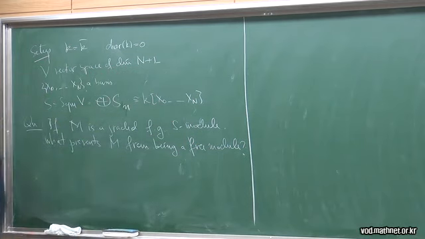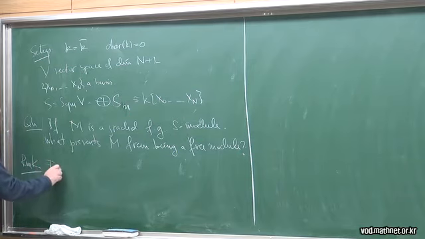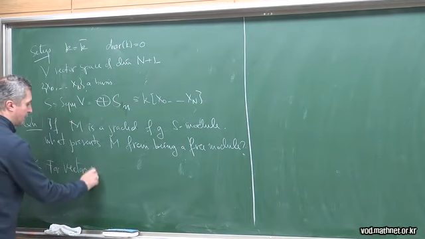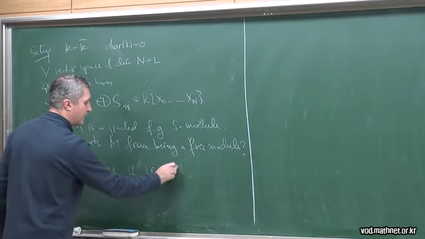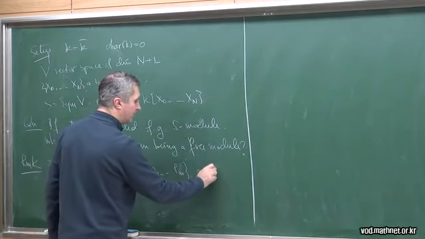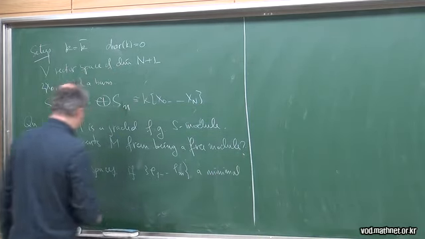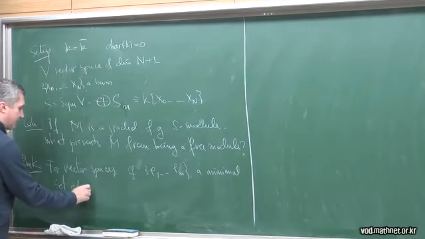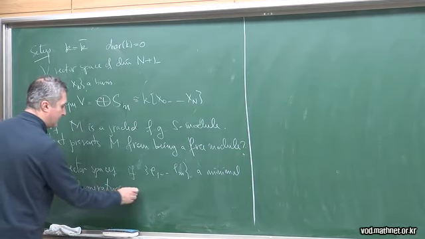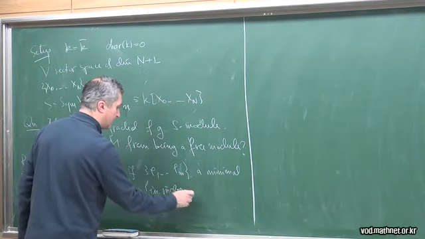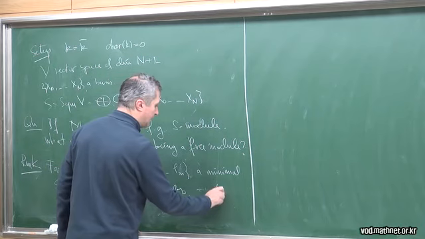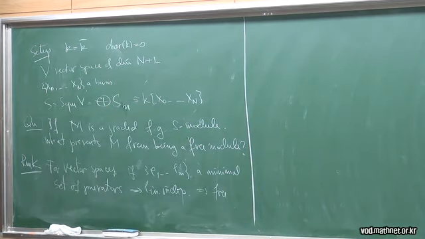Of course, if we don't have any variables at all, so if we just work with vector spaces, then a minimal set of generators is linearly independent, and this gives freeness.